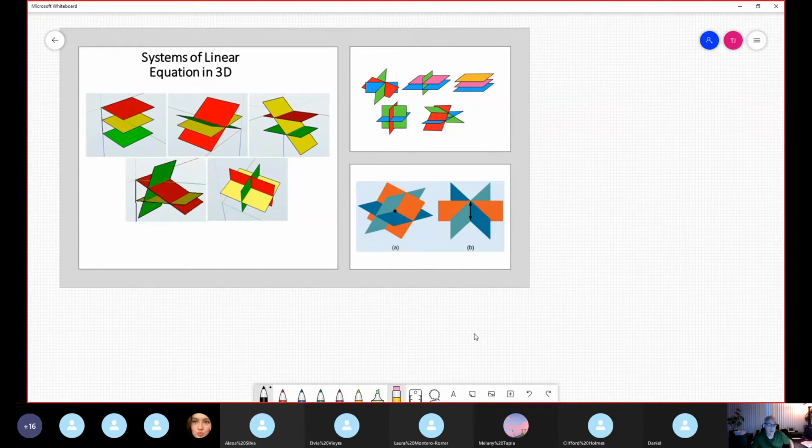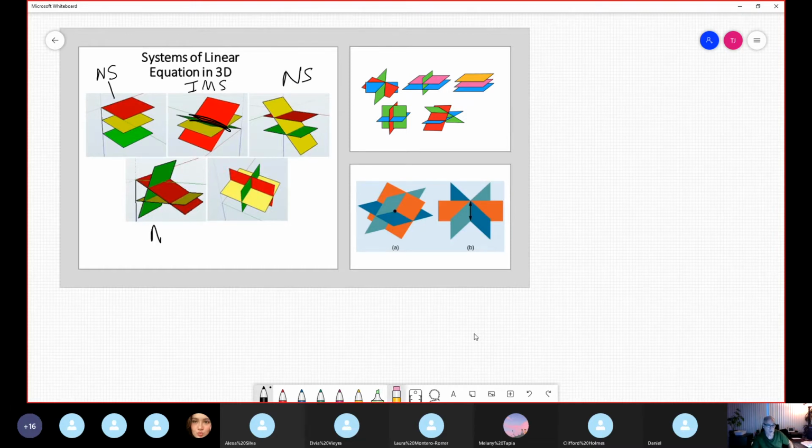For example, in this first example, there is no solution because the planes never touch. In this case, there are infinitely many solutions because the common part is a line. In this case, again, no solution, because the yellow plane and the red plane touch, and the yellow plane and the green plane touch, but the red plane and the green plane don't touch. So to have a solution, we need to touch 3 planes simultaneously.